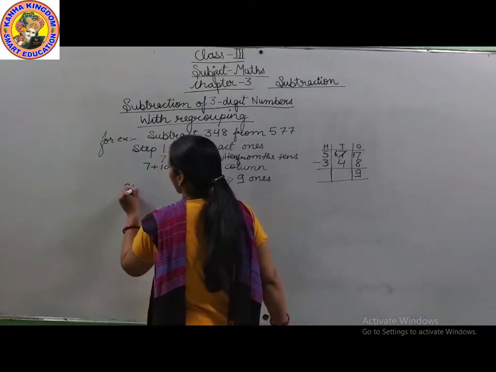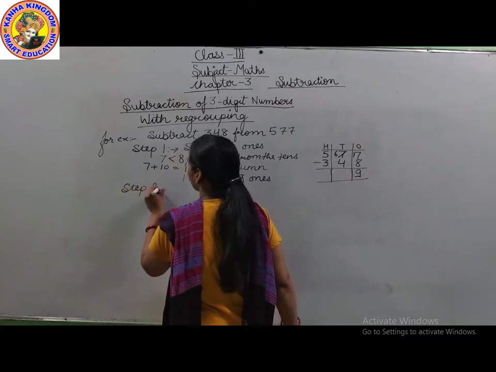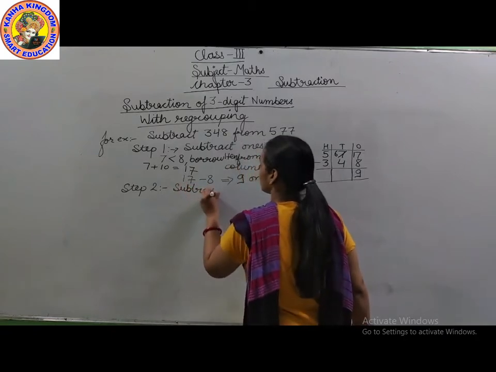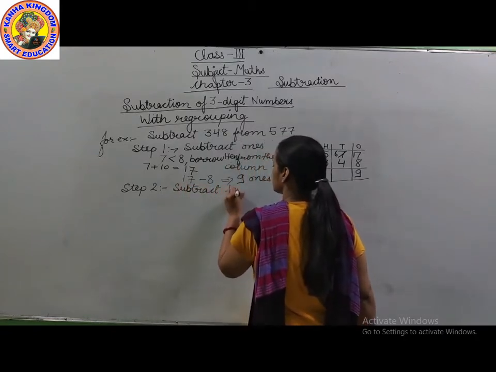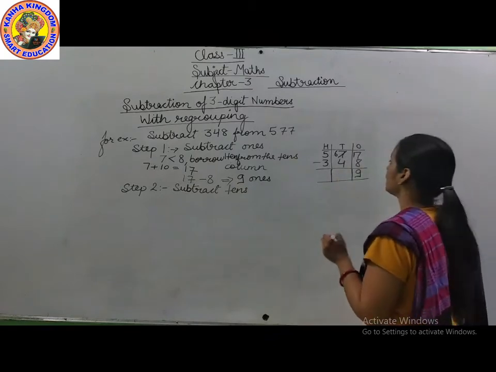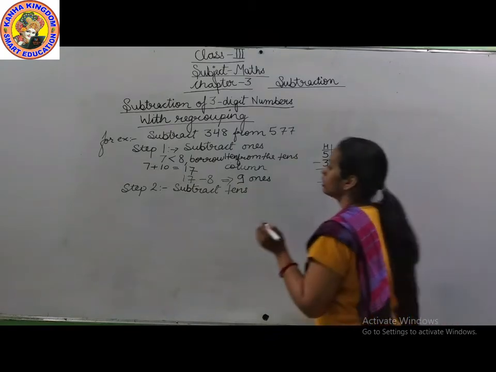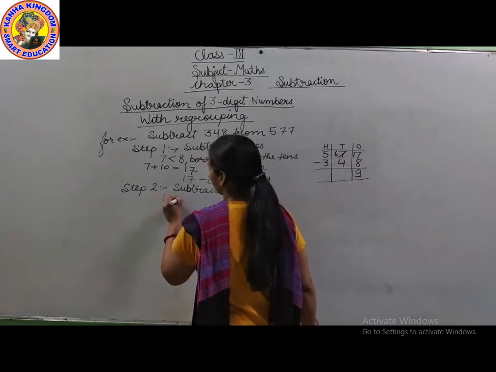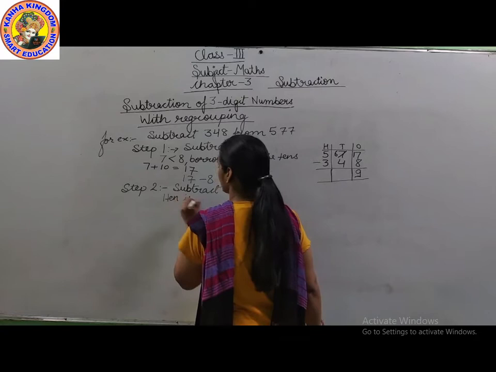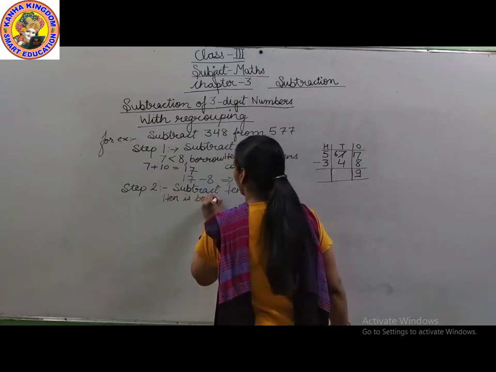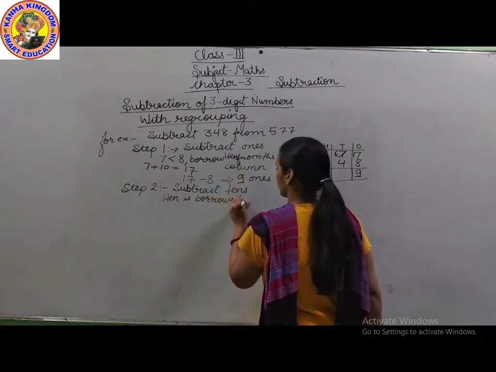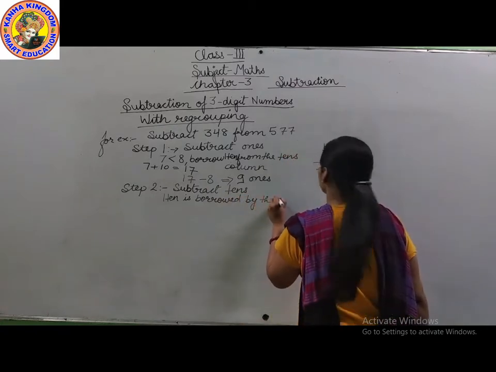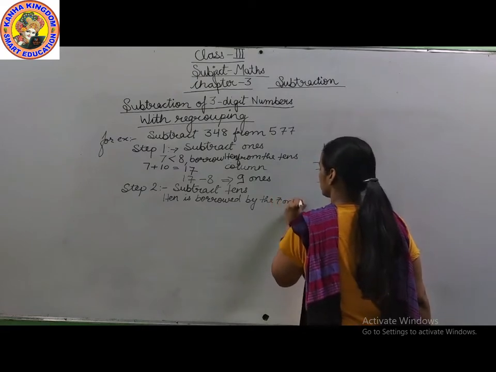Now step 2, subtract tens. So 1 ten is borrowed by the ones.